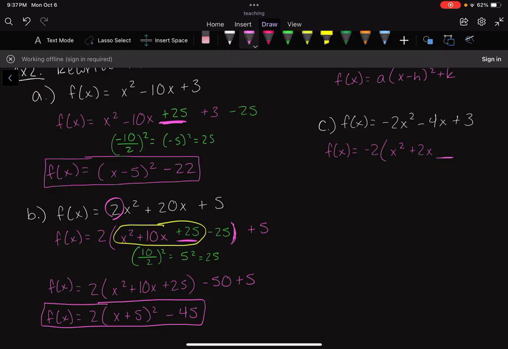I'm going to leave myself a space, and I just have this plus 3 kind of hanging out. It's not having a 2 factored out of it. You'll also notice that since my a was negative 2, I factored out a negative 2.